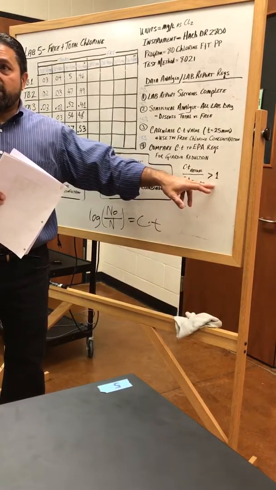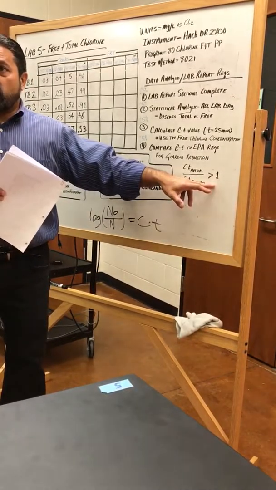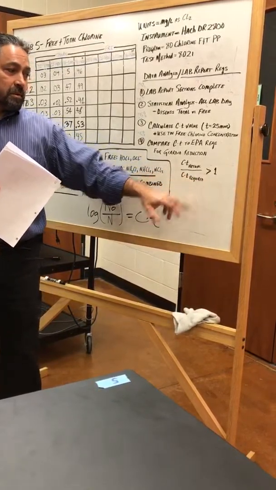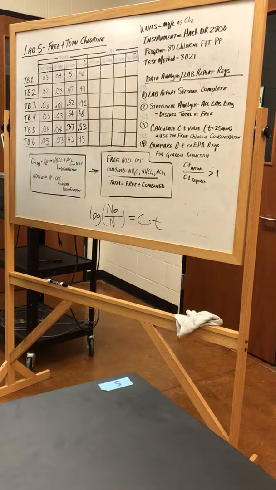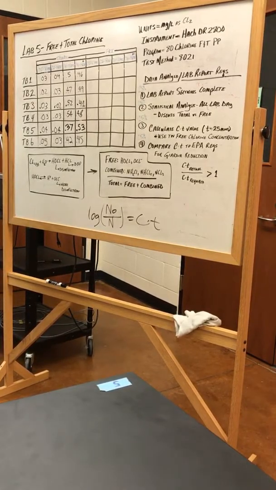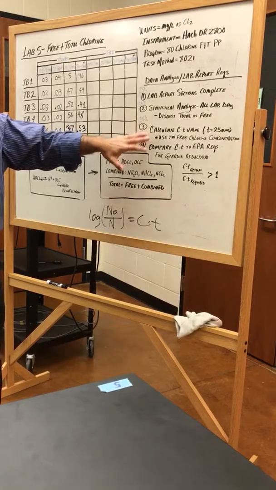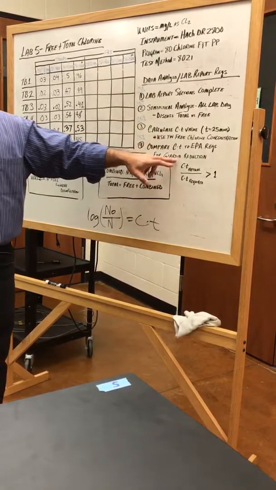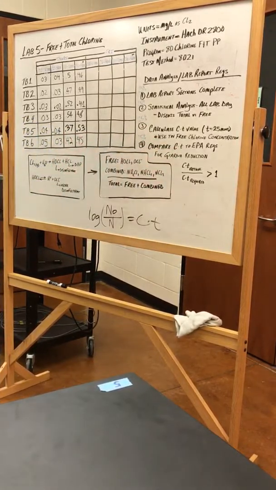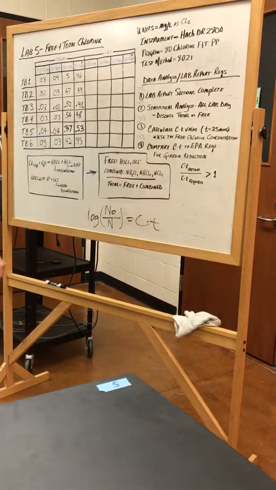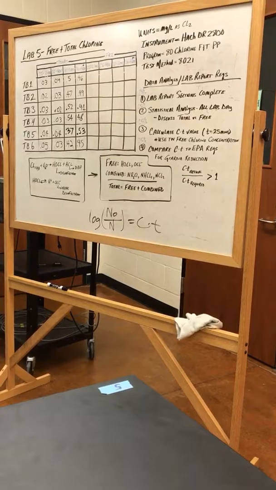If it's less than 1, then there's not enough chlorine in the tap water. So hopefully all your numbers will be greater than 1. So that's this part. And this is really a combined question here. Once you get your ratio, compare it to the EPA requirements, and then talk about why it should be greater than 1, that type of thing.